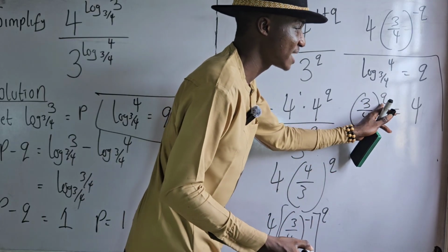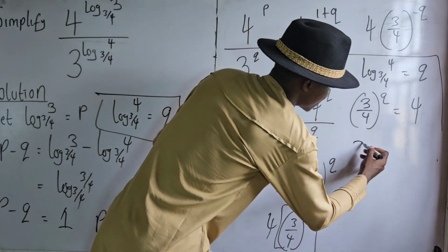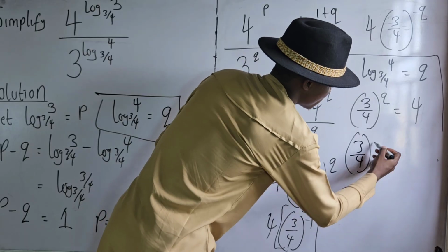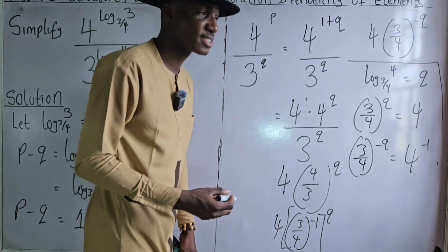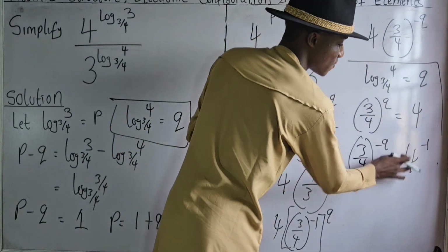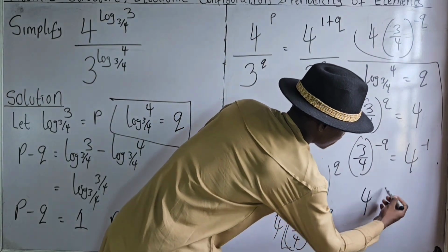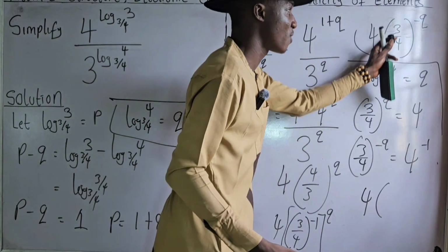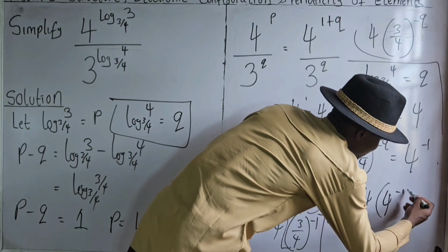If I multiply the exponent of this side and this side by negative 1, I'm going to have (3/4) raised to the power of negative q equals 4 raised to the power of negative 1, right? So I'm going to replace (3/4) raised to the power of negative q with 4 raised to the power of negative 1 here. So I'm going to have 4 multiplied by 4 raised to the power of negative 1.